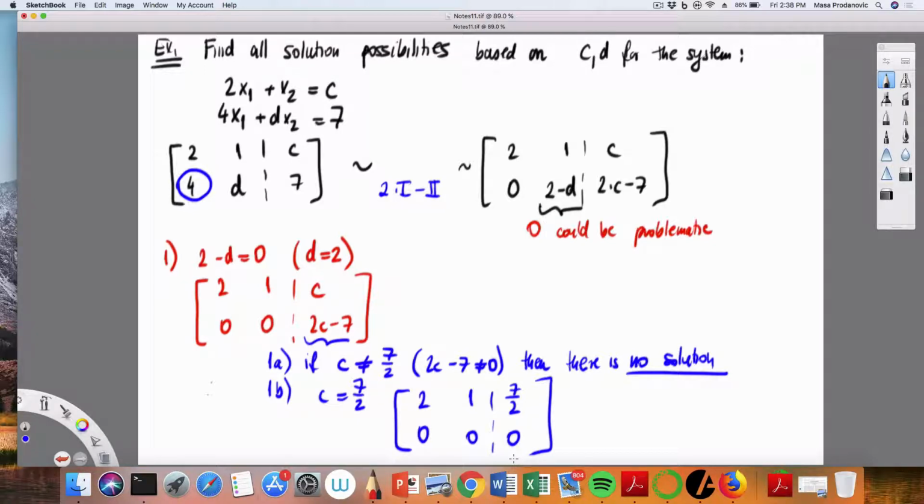So this is possible, but it means that I have an equation that is linearly dependent on the one above it. So it doesn't provide me with any new constraint. And my solution is 2x1 plus x2 is equal to 7 over 2. So I have an entire line, infinitely many solutions.